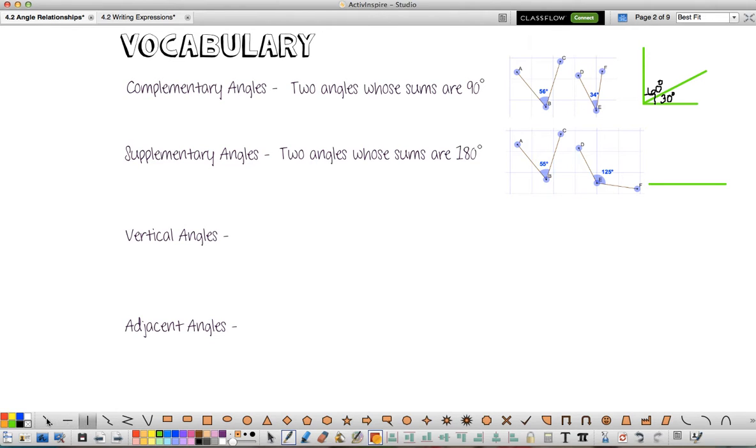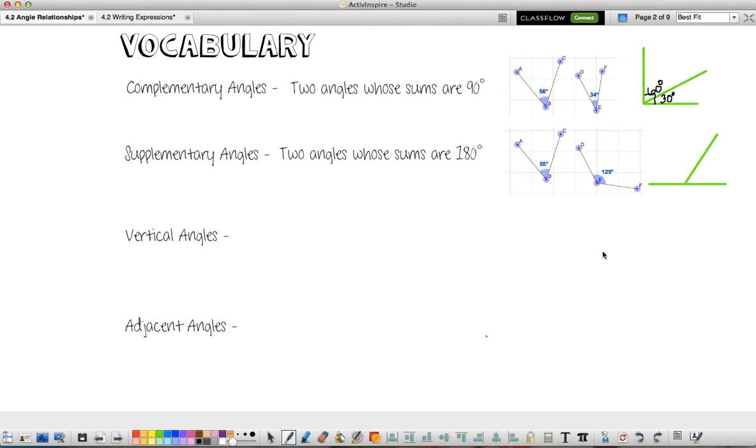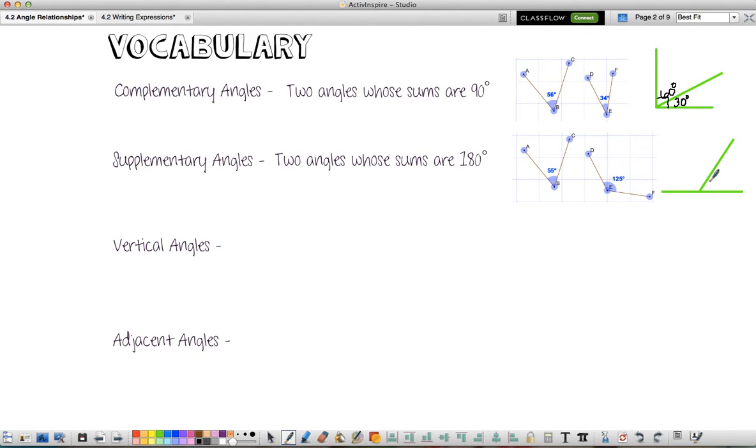And then I'm going to intersect it. Right, and now I have, and let's go with 70 and 110. Okay, so now these two angles would be supplementary.